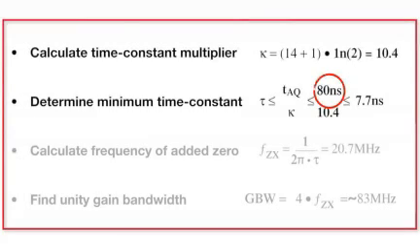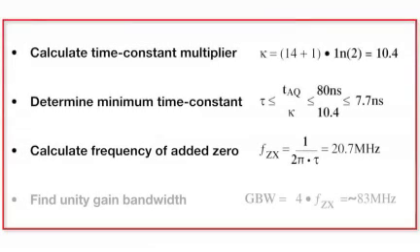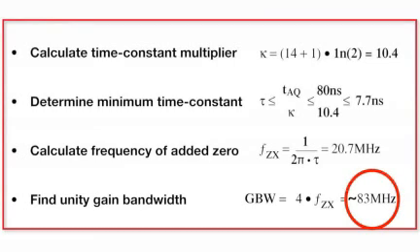For T acquisition equal to 80 nanoseconds, the time constant comes to around 7.7 nanoseconds. Following this, we calculate frequency, which is 1 over 2 pi tau. In this case, it is 20.7 megahertz. And finally, minimum gain bandwidth is 4 times this frequency, which is 83 megahertz.